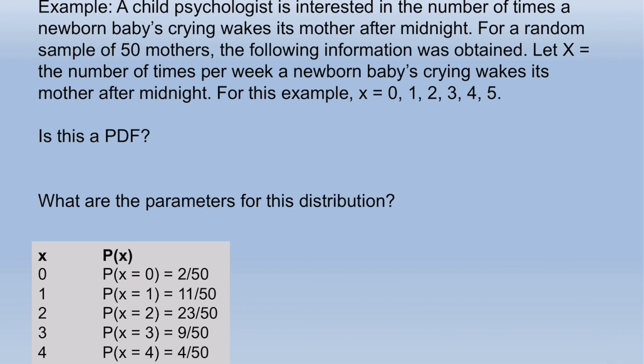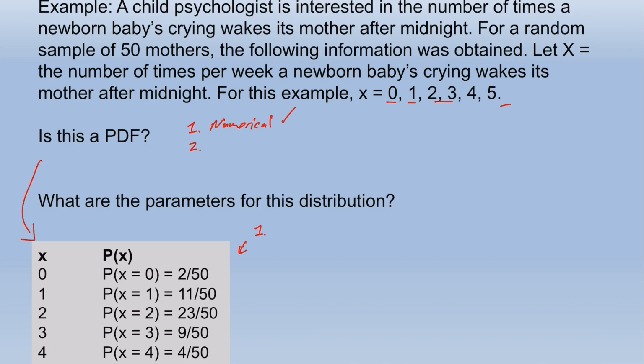Okay, is this a PDF? We are given these values. Well, it looks like each is in between 0 and 1. So first, is it numerical? Yes, X equals 0 to 5.